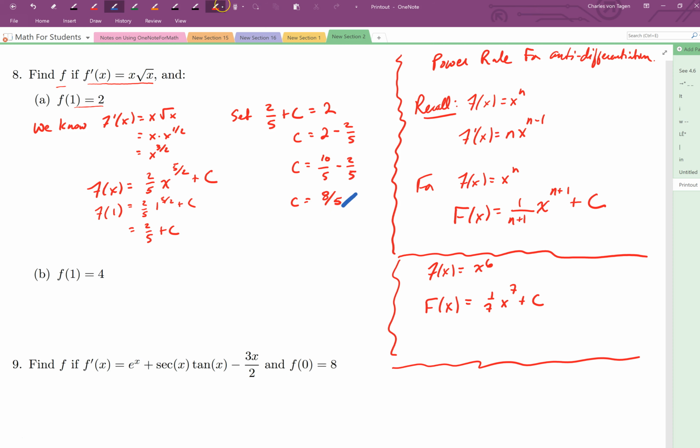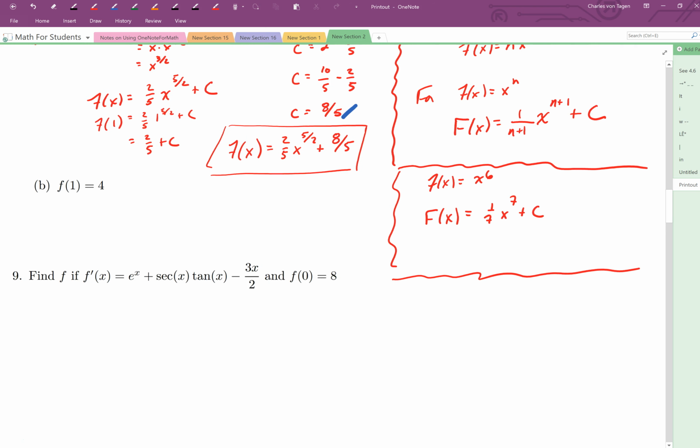The function that I'm after is f of x equals 2/5 x to the 5/2, plus we determined that the arbitrary constant had to be 8/5 to guarantee that we pass through this ordered pair 1, 2 here. So that's our answer to part A.